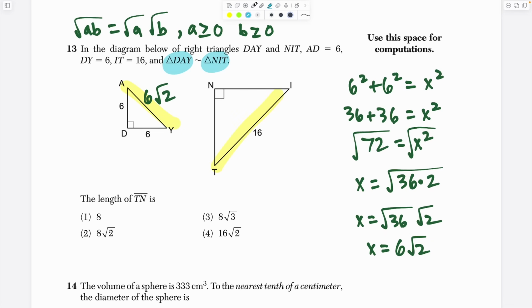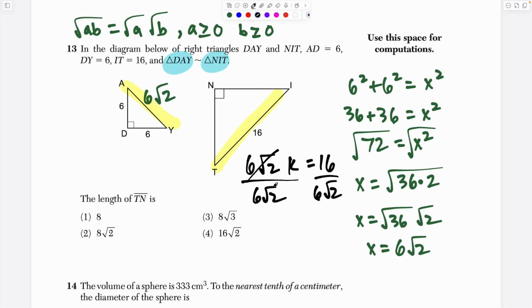So those two sides are corresponding, which means I could say that 6 square root 2 times some scale factor k is equal to 16. Let me move this over here, so once again, this product is true: 6 square root 2 times some scale factor k equals 16. And now just divide both sides by 6 square root 2. So I do this, and now I have k equals 16 over 6 square root 2.